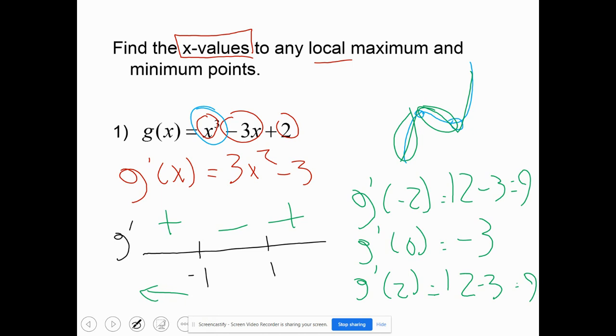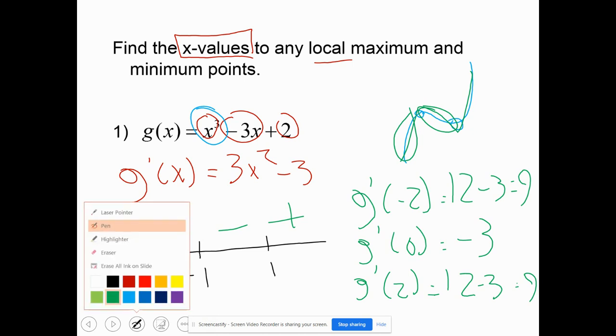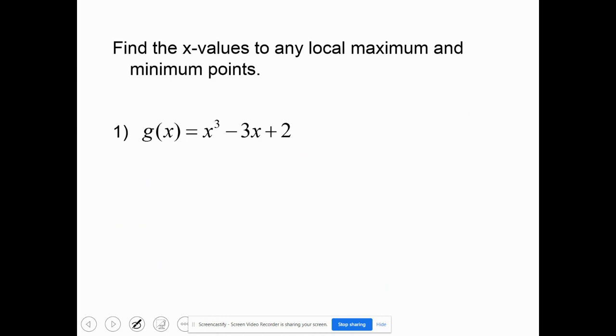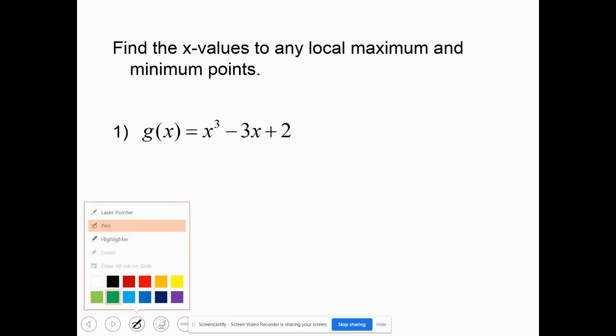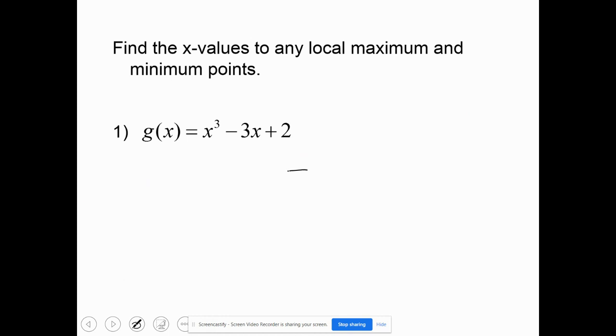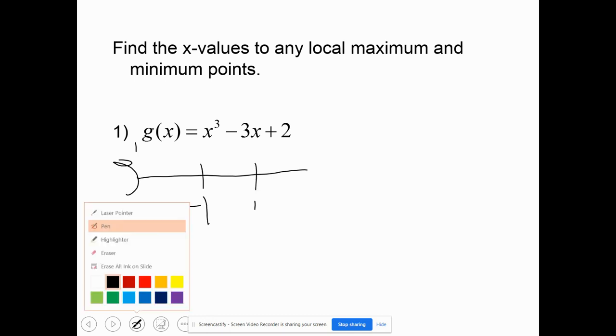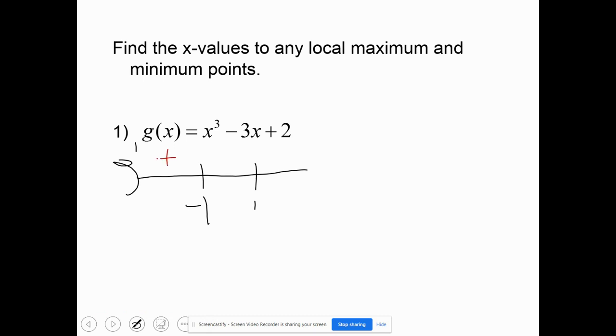We only needed the x's here. All right, so I'm going to get rid of a bunch of this, and I'm going to bring back my wiggle graph, g prime, -1, +1, and we went from a plus to a minus to a plus. So here's what we have. When x is equal to -1, we have a local max.